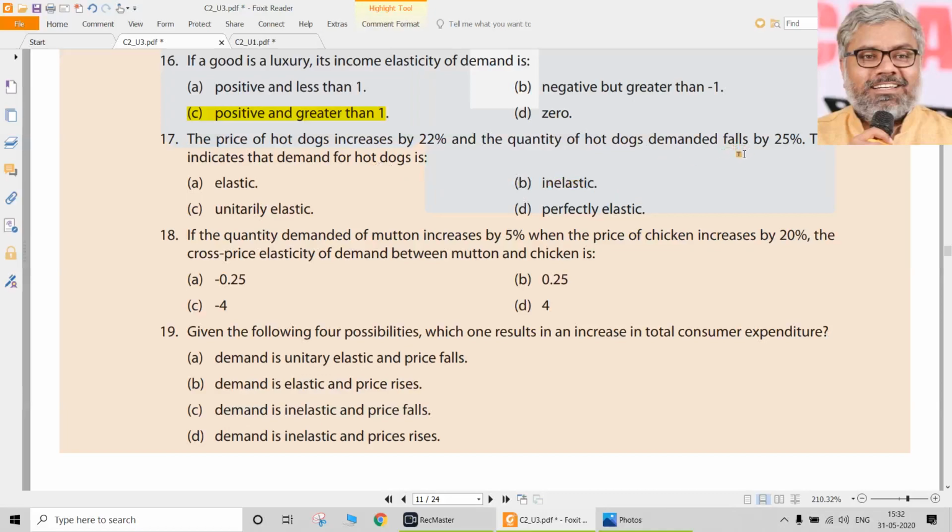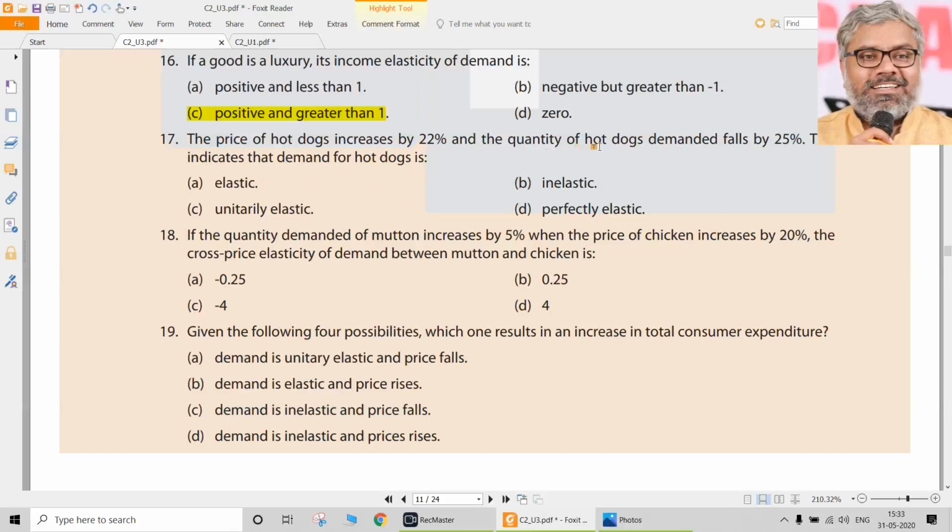Inelastic means it should be 0: there should not be any impact on the quantity demanded because of a change in price. Perfectly elastic means infinite. Unitary elastic means equal to 1. Elastic means more than 1.